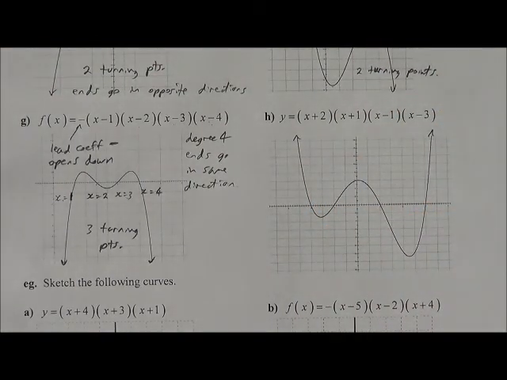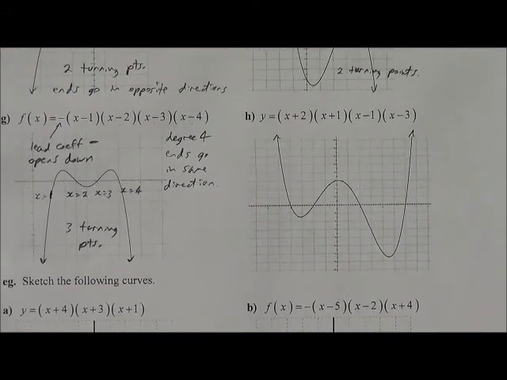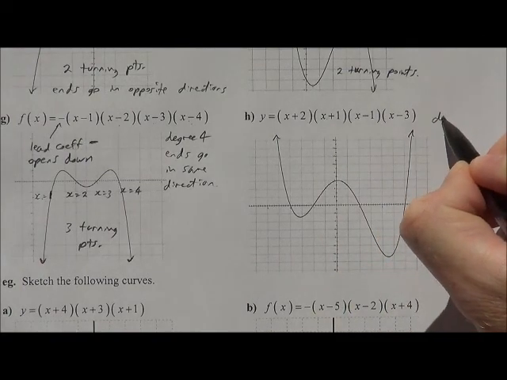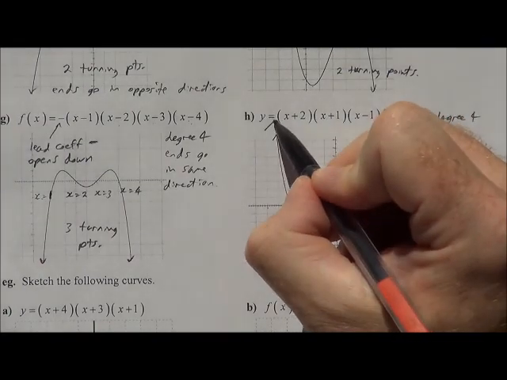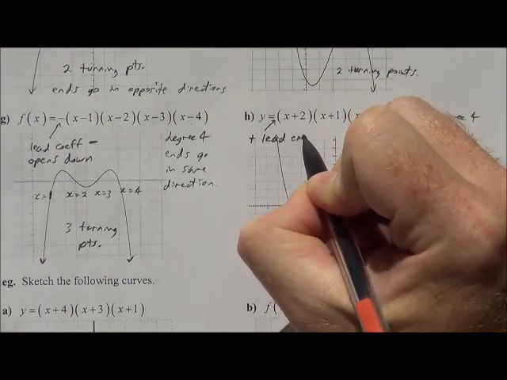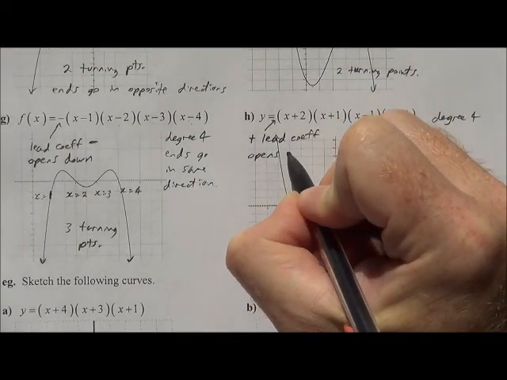Moving along to part H, we have 1, 2, 3, 4. Okay, again, degree 4. Positive lead coefficient. That means that it's opening up.